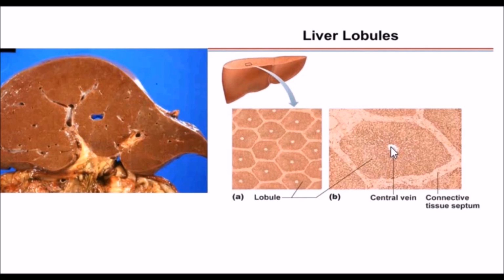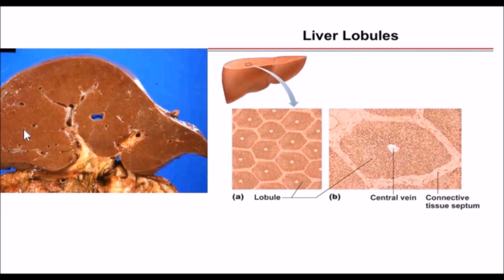It also has the portal triad consisting of hepatic arteriole, portal venule, and the bile ductule at the corners of these hexagonal surfaces. And what you see here, this whitish, is the connective tissue, or the septa, which comes from Glisson's capsule. Glisson's capsule enters into the liver and forms the septa of the lobules.